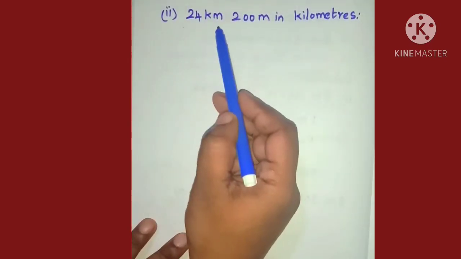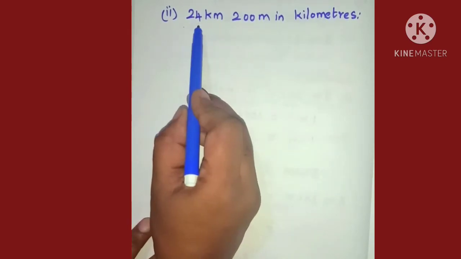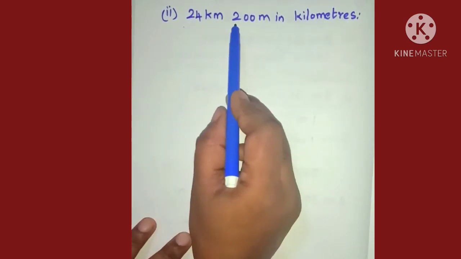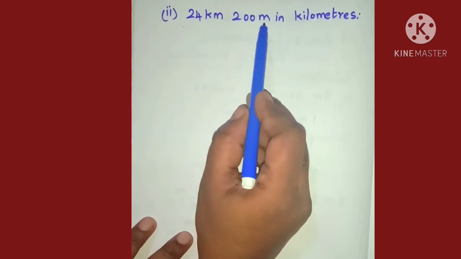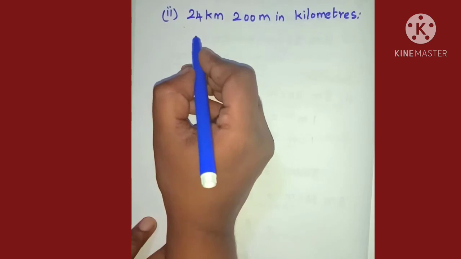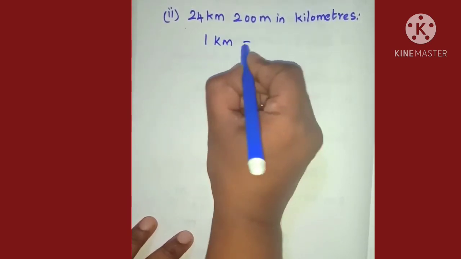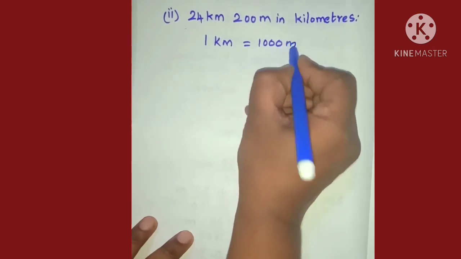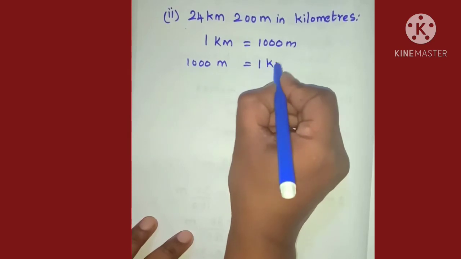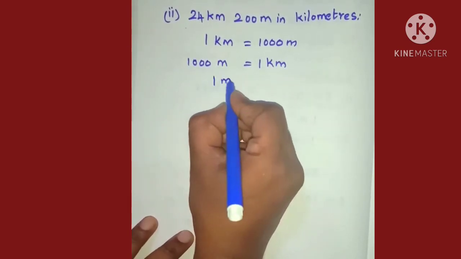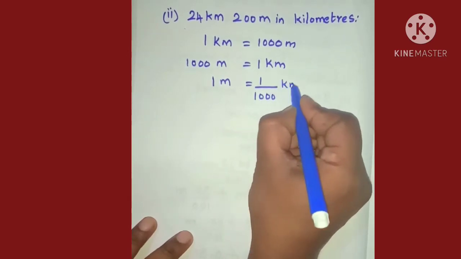Now 24 kilometer 200 meter, in kilometers. Here 24 is already in kilometer. We have to change 200 meter into kilometers. We know that 1 kilometer is equal to 1000 meters. Then 1 meter will be 1 by 1000 kilometer.